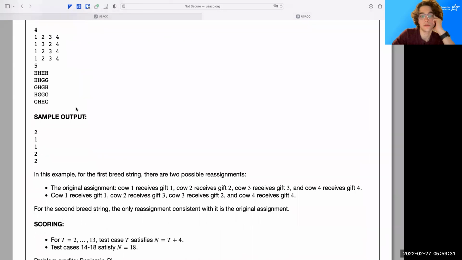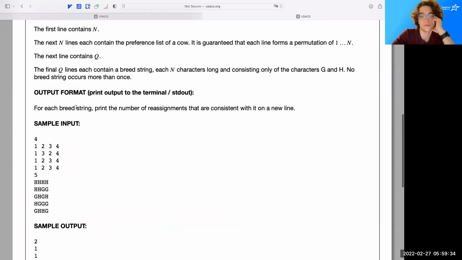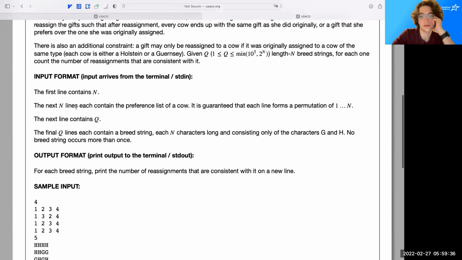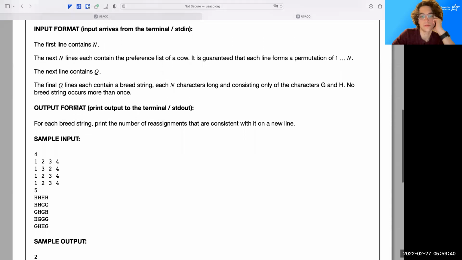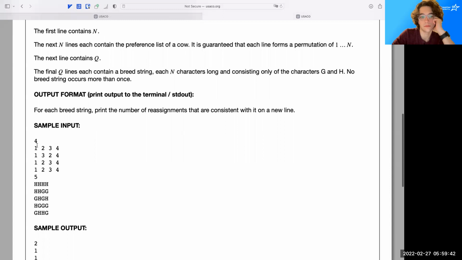But we do need to do, I don't know. The thing is, this can construct any graph.